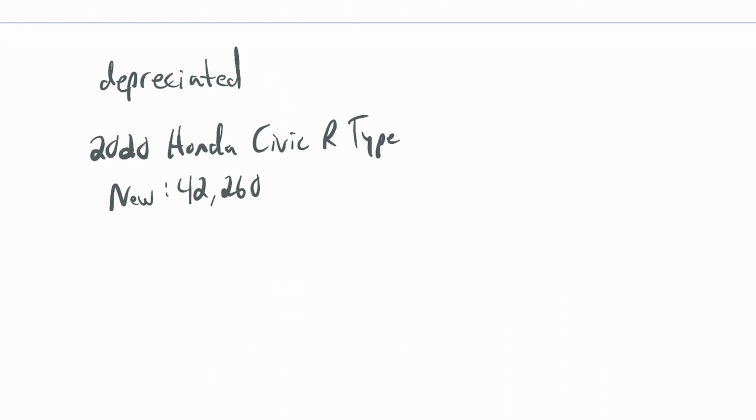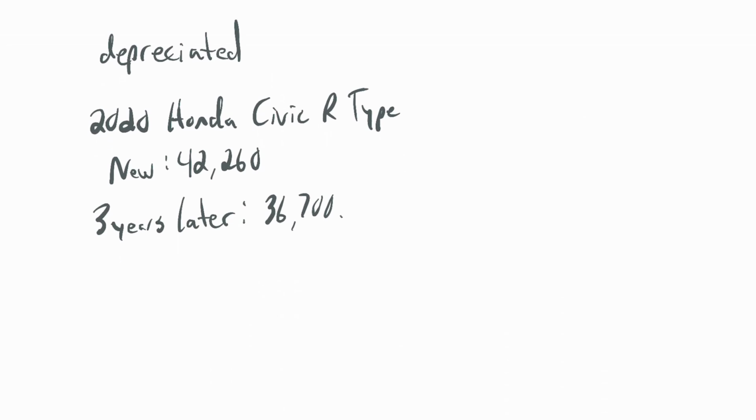And my estimate, based on the little bit of research I did, would be that 3 years later, the value would be about 36.7. Okay, so if I assume that the depreciation is consistent over time, that it loses the same amount of value every year, how can I represent this with a formula where I can say, what's the value after 4 years, 5 years, 6 years?